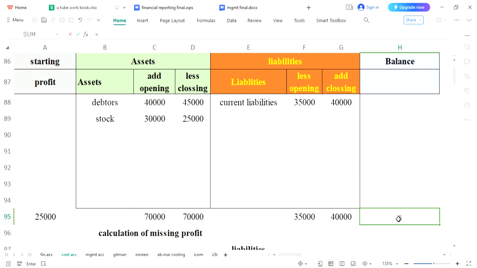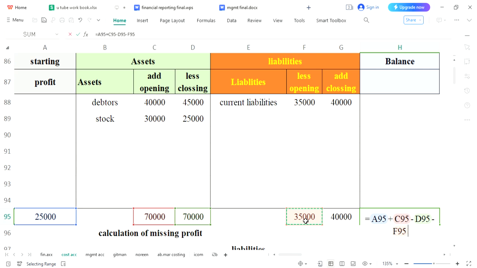First you will take the profit 25,000, and then you will add your opening assets 70,000, then you will subtract your closing assets 70,000, then you will subtract your opening liabilities, and then you will add your closing liabilities.